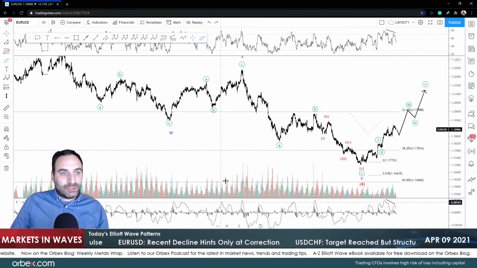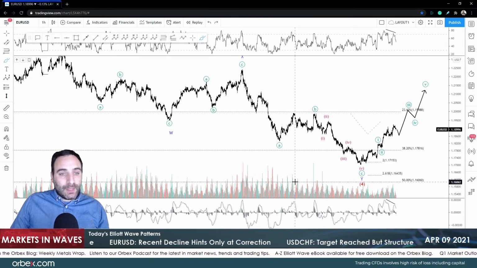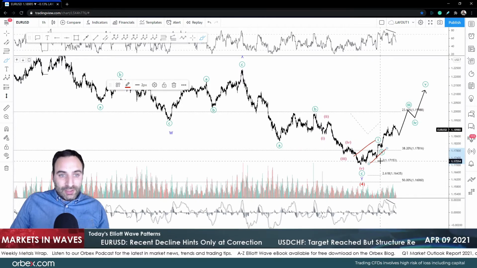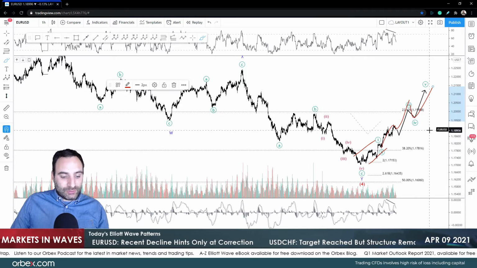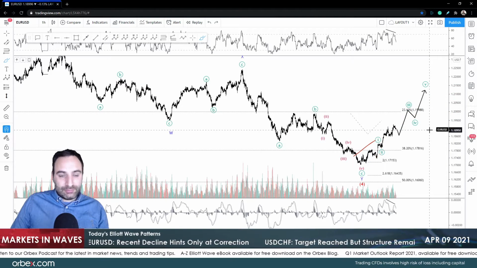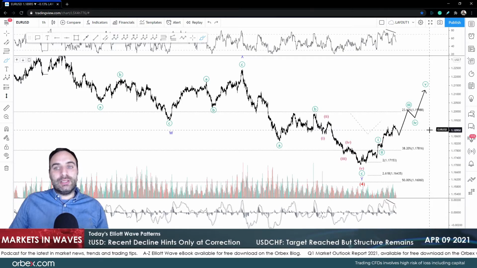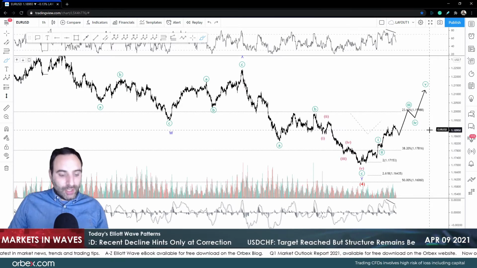What you want to call it is your call, to be honest. However, having a leading diagonal over here means that we're going to start moving on the upside. We're going to get an extended wave 3, yeah, because leading diagonals usually indicate a strong momentum in wave 3.